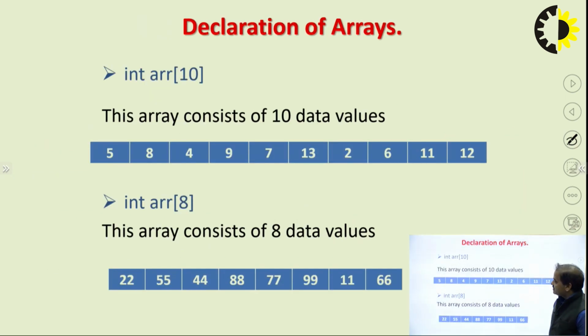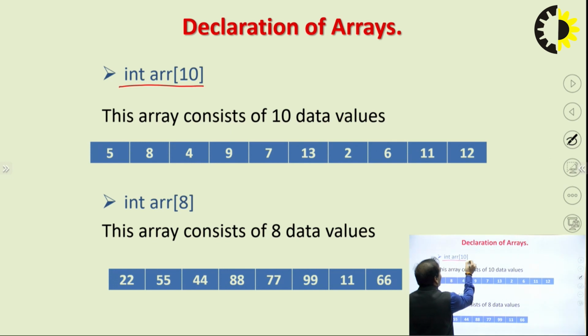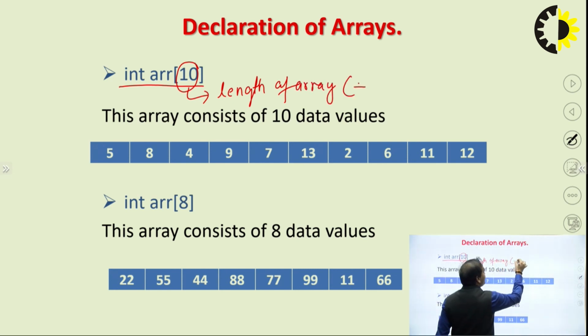This is the declaration syntax of an array. Here we write int arr[10]. 10 is the length of the array, and it must be a positive integer.